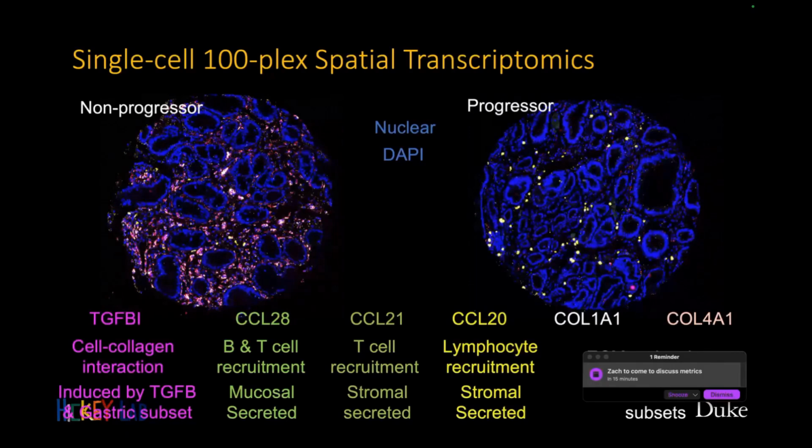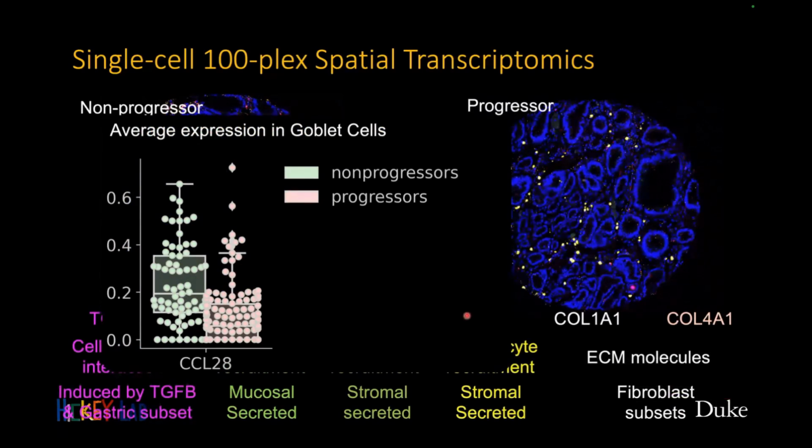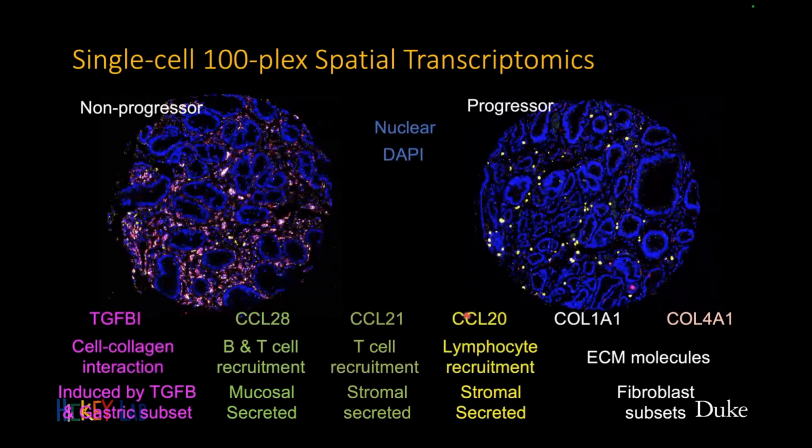And because we can quantify this, we can also see that we have expression in certain cell types that's greater in non-progressors versus progressors. So not only in the overall sample, but for example, this CCL28, which is a recruitment factor for B cells.